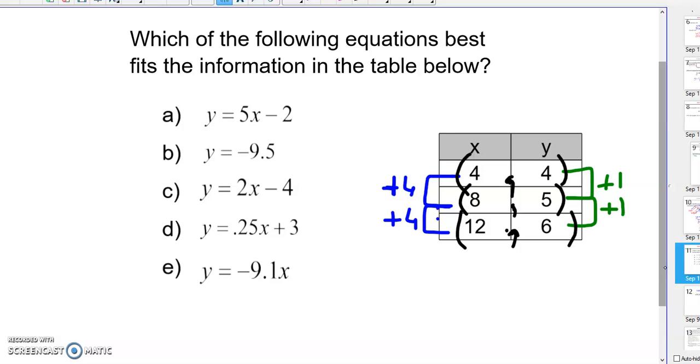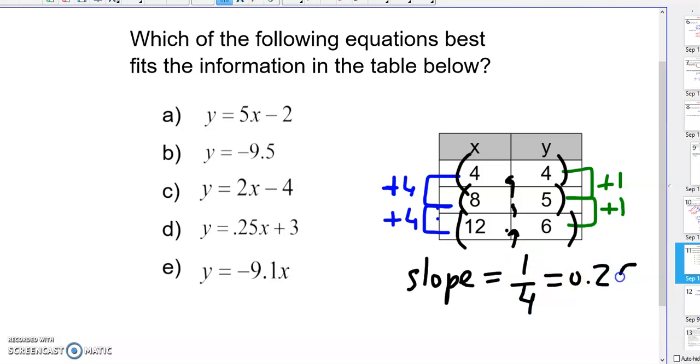It's worth checking every single one of these because there's no information here that tells us it's definitely a linear function, and there may not be choices. In this case, it's very clear that all of these given to us are lines. So the slope here is 1/4 or 0.25, 1 over 4.